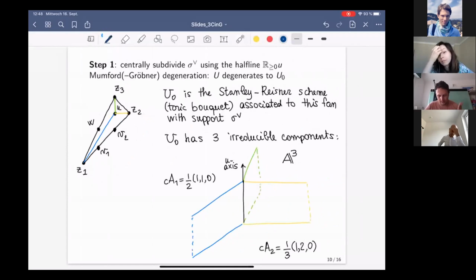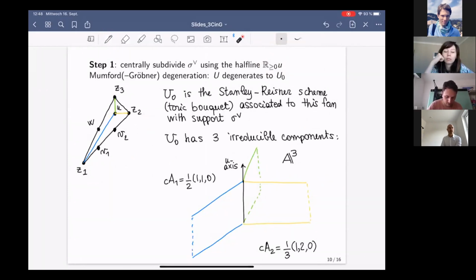So step one is we centrally subdivide sigma dual. Inside the sigma dual, there is this half line, which is the line generated by U, which is the special Gorenstein degree. And then we subdivide by using this.